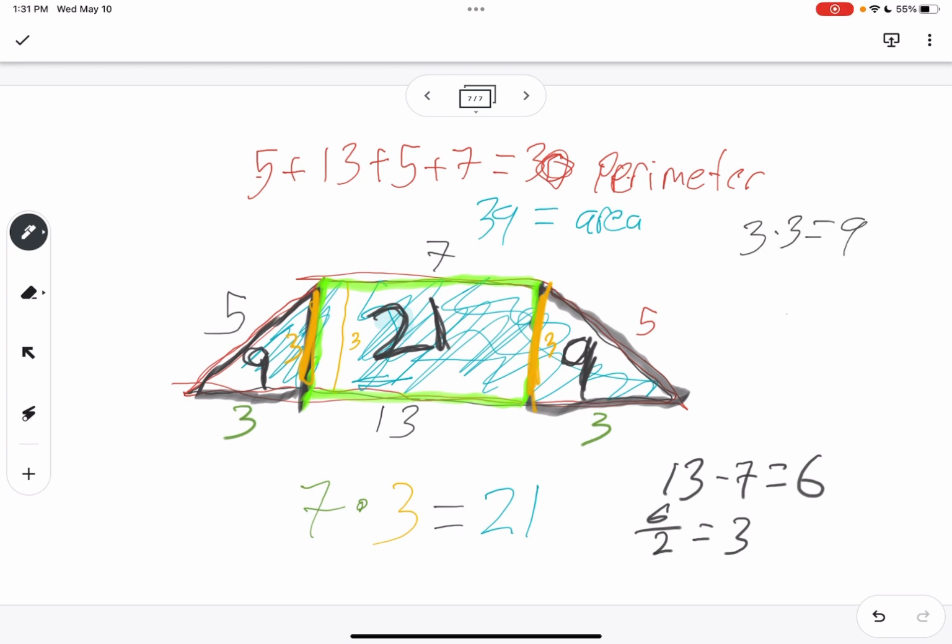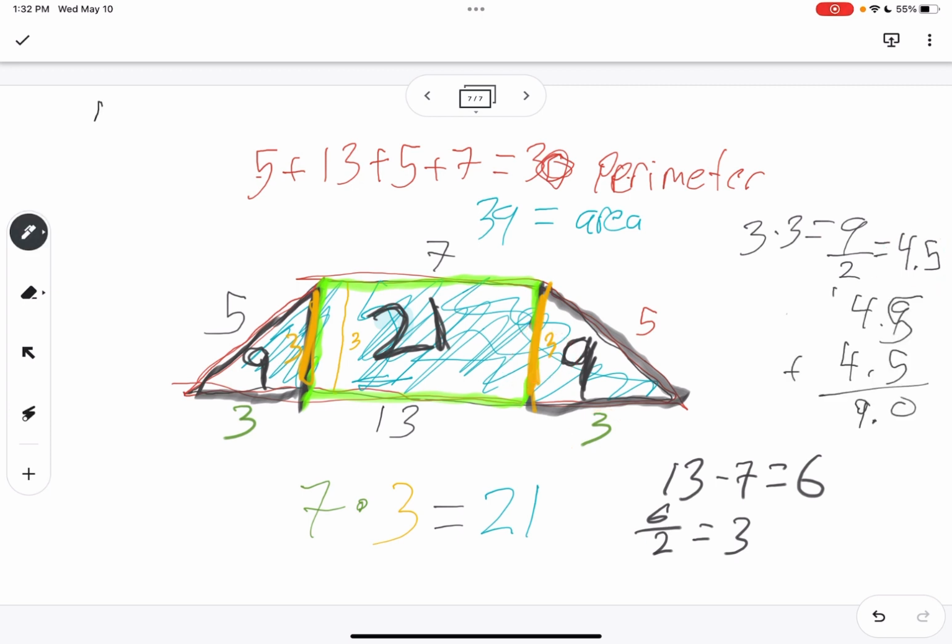But now we have to divide that by 2 because it's a triangle. Remember, we've always got to divide by 2 to find out the area of a triangle. So 9 divided by 2 is 4.5, okay? Same thing here. 3 times 3 is 9, divided by 2 is 4.5.